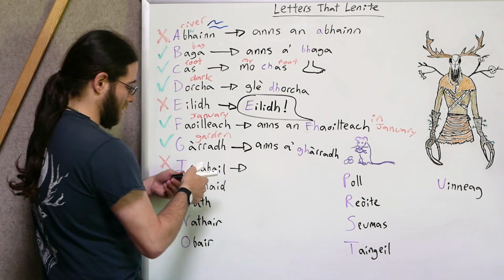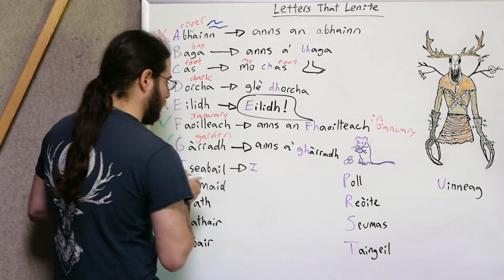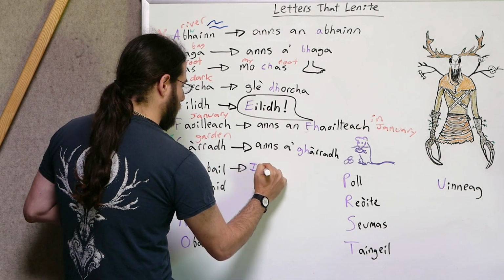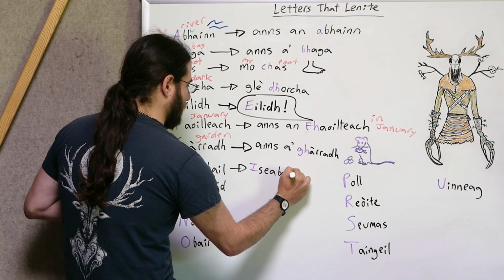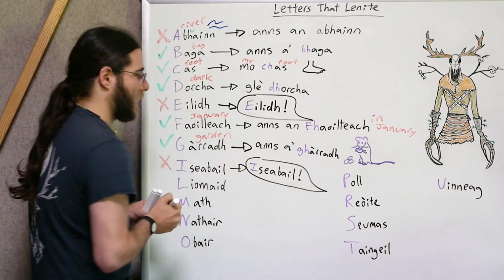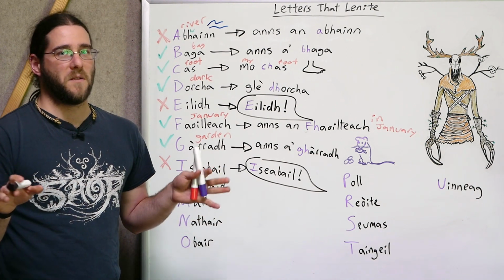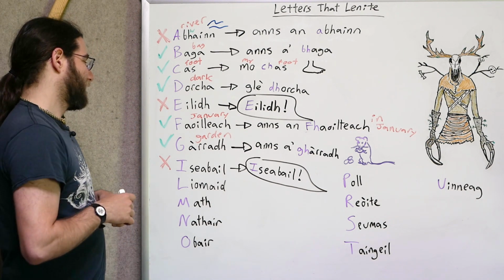We just say, Isabel. Names that start with vowels are so great in Gaelic. They're just so simple, so straightforward. They're not complicated.